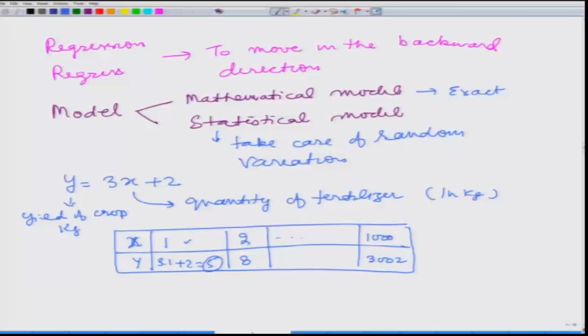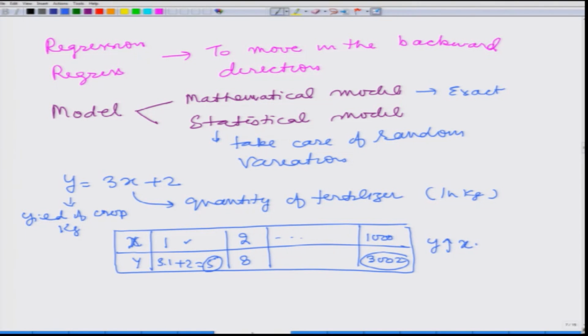Similarly, if I use 2 kilograms of fertilizer, I would get exactly 8 kilograms of yield. And if I keep on increasing the quantity of fertilizer, say 1000 kilograms, then I will get exactly 3002 kilograms of yield. From the mathematical point of view, I can say that y is an increasing function of x. But is that really correct?